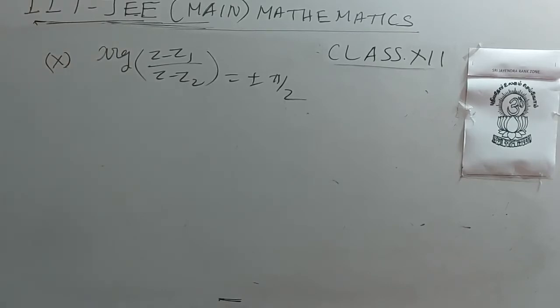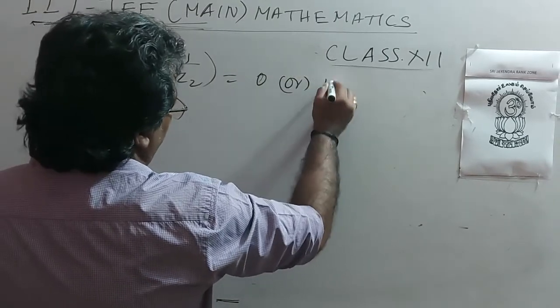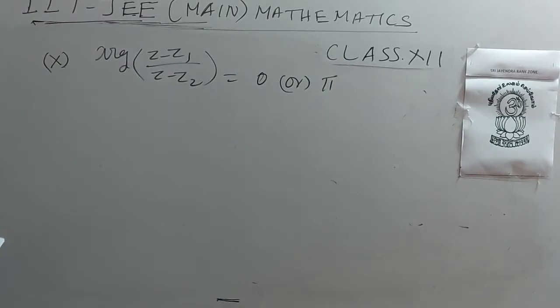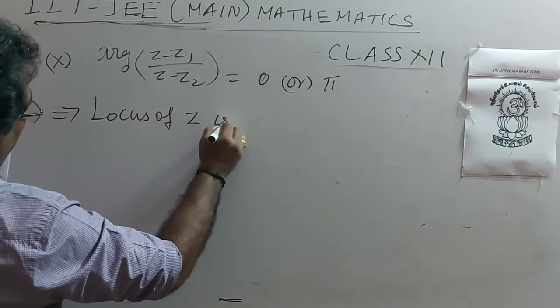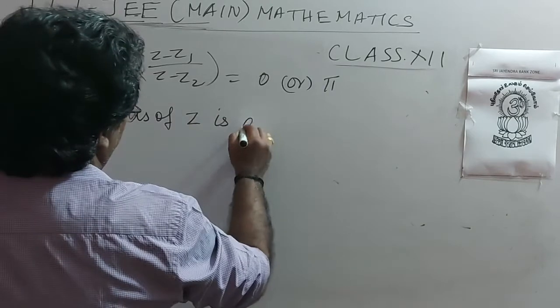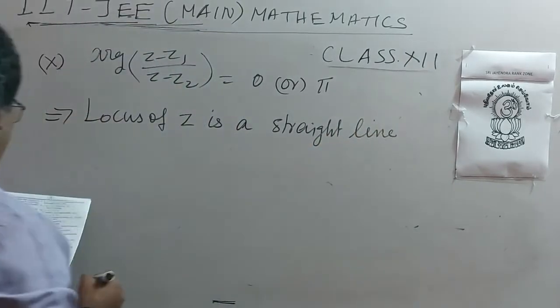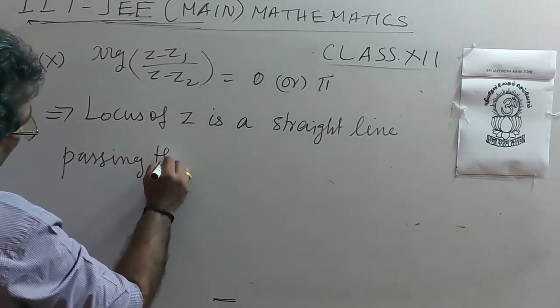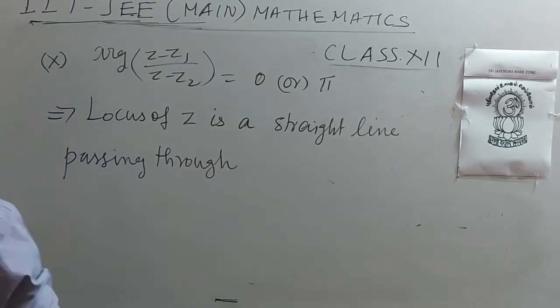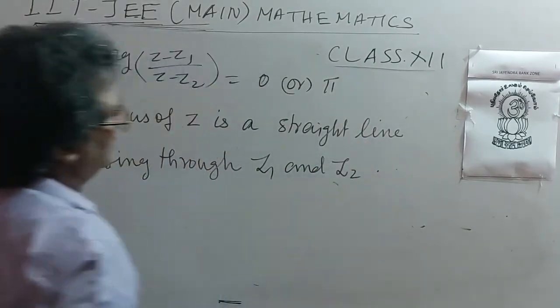If argument of z minus z1 by z minus z2 equal to zero or pi, implies locus of z is a straight line passing through Z1 and Z2.